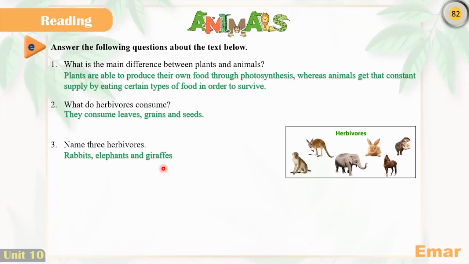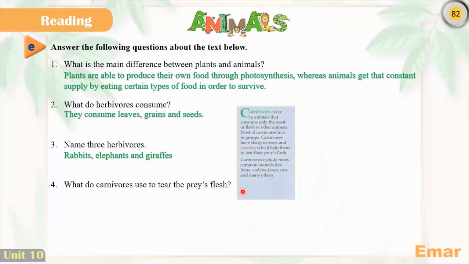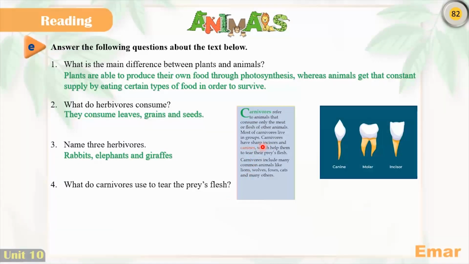Number 4. What do carnivores use to tear the prey's flesh? Tear means cut. Flesh means the meat of the living creature. They use a knife? No, of course not. They use their teeth. Their sharp teeth, incisors and canines. Number 5.